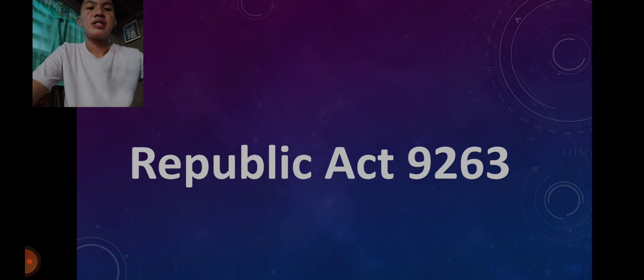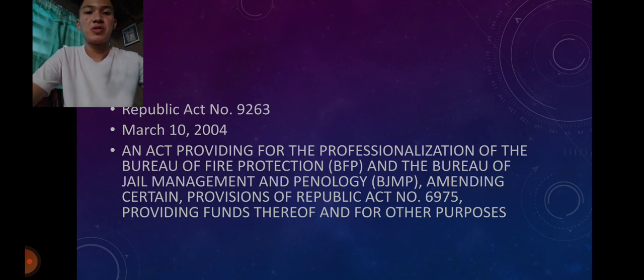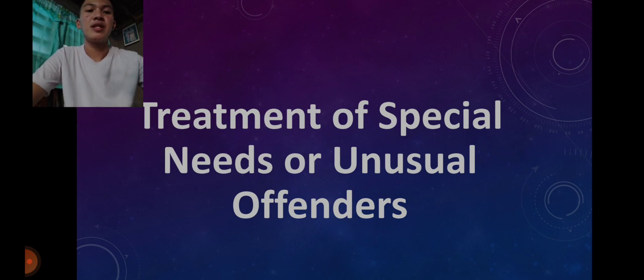Republic Act 9263 on March 10, 2004 is an act providing for the professionalization of the Bureau of Fire Correction and the Bureau of Jail Management and Penology, amending certain provisions of Republic Act number 6975, providing funds thereof and for other purposes.